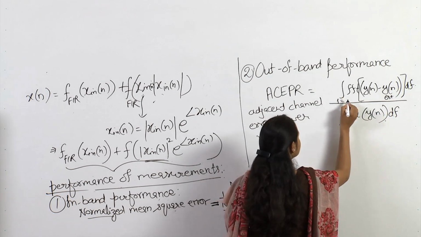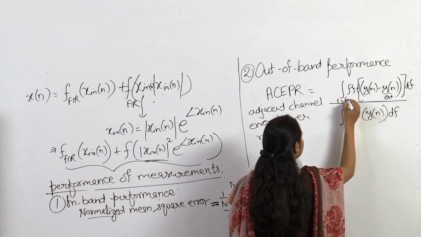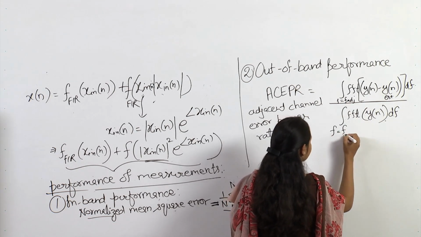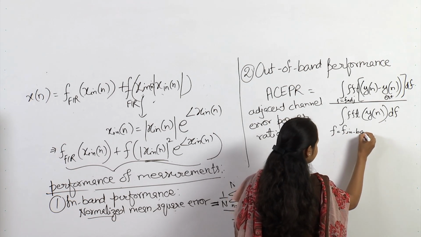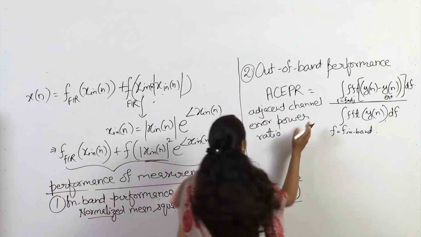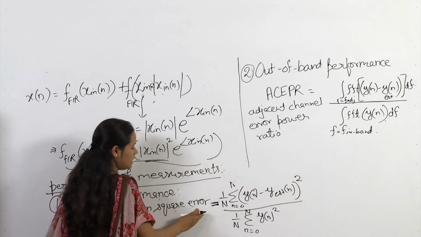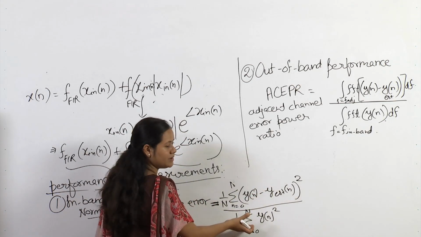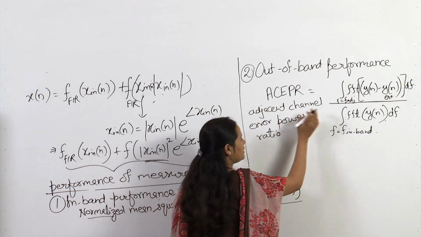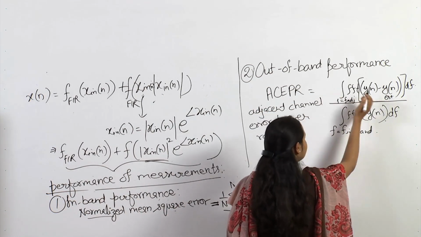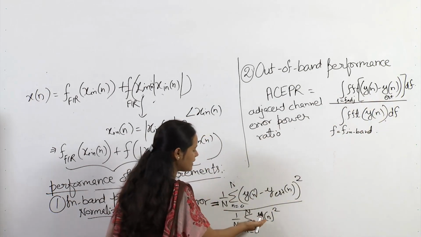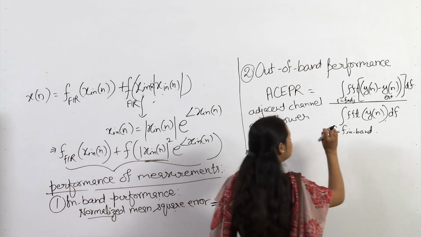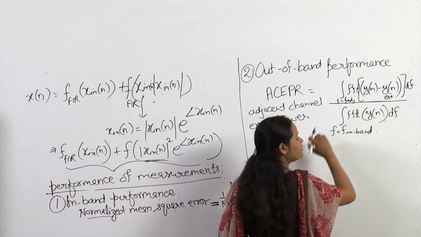So, we choose our frequency in the adjacent band and we choose our frequency in the in band. So, when we compare these two metrics, it is using all the data in the time domain. In ACPR, we are again using error with respect to your original output which you are trying to model, but the difference is that we are doing this in the frequency domain.